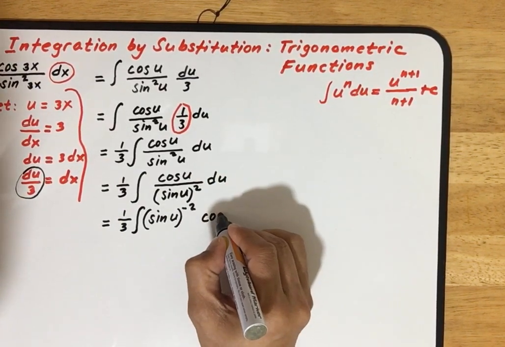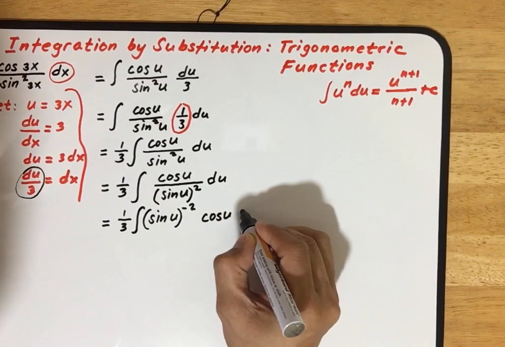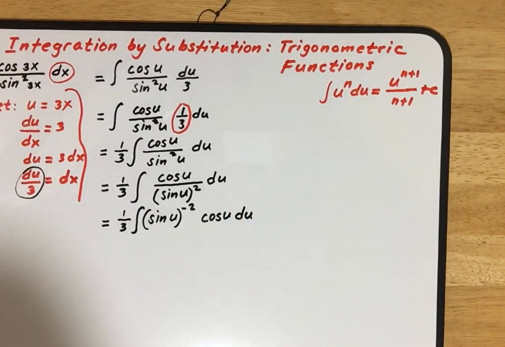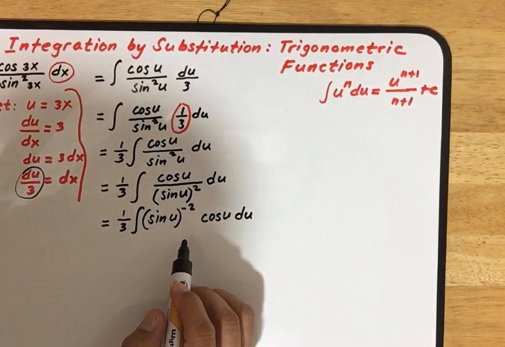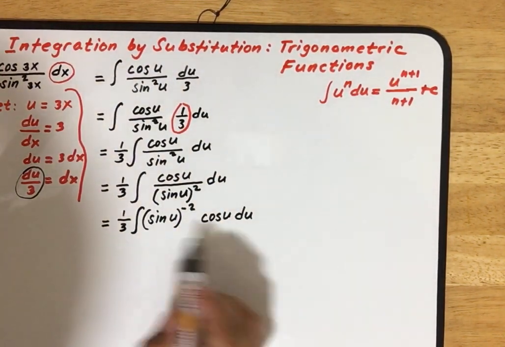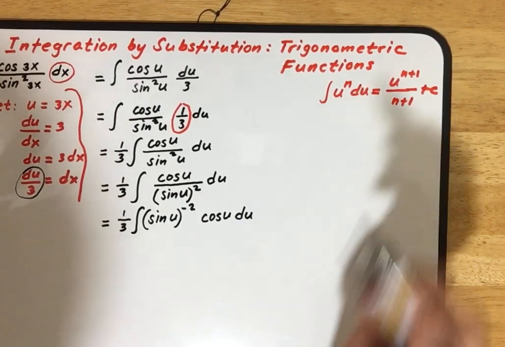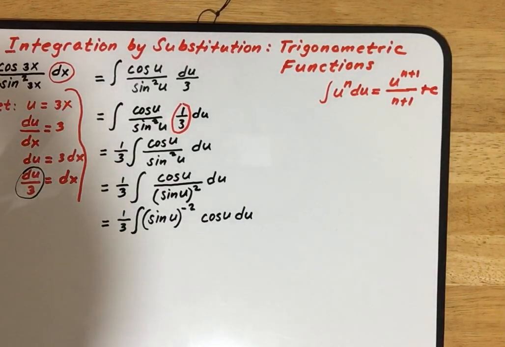So times cosine u times du. Okay? So if you look at this, it's almost the same as our general power formula. It's now almost in our power formula.